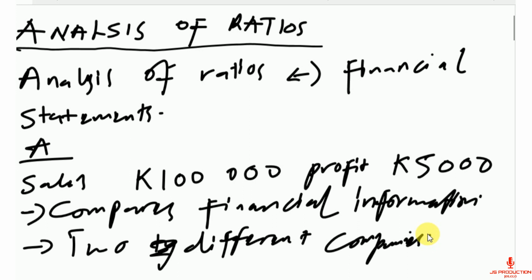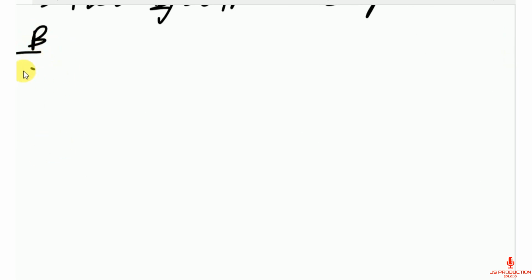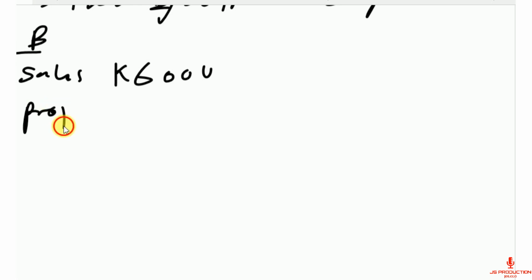Let us look at another example. If we have company B, the sales for company B are 6,000, and the profit that was made for company B is 200.